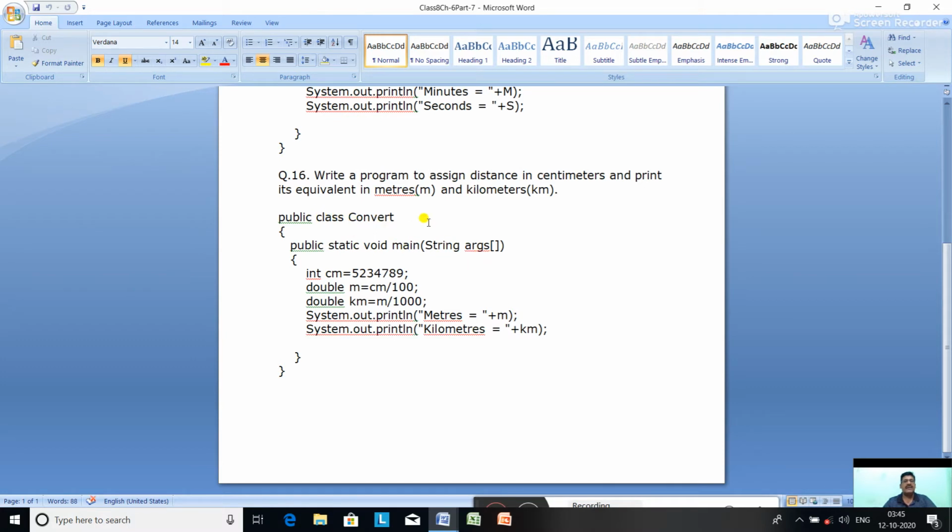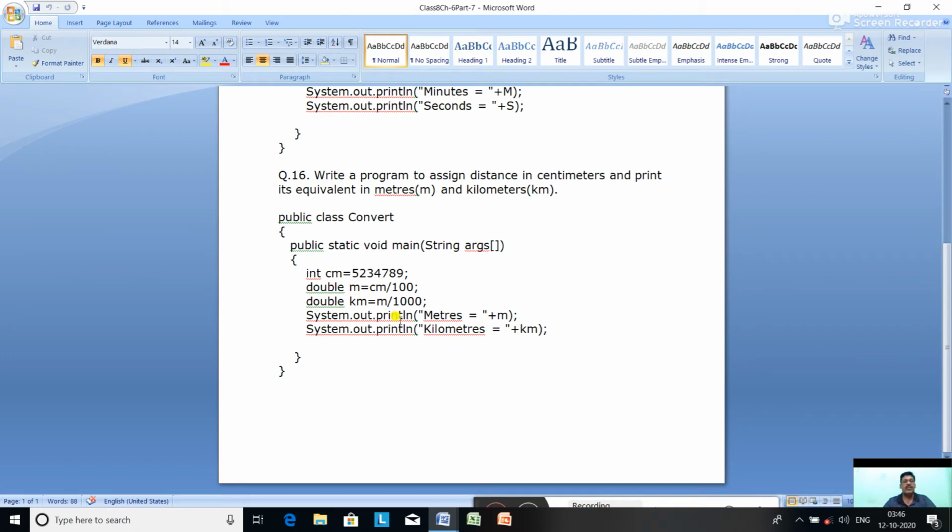Class name public class convert, because we are going to convert and display. Public static void main. Int cm, cm for centimeter, equal to 52,34,789 centimeters. Double m, why double? It may come in points. Divide the centimeters by 100, so that will be the number of meters.